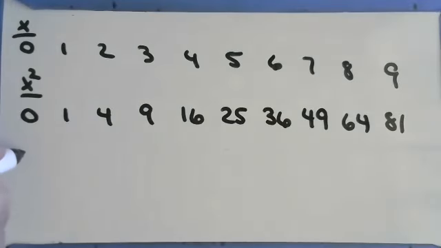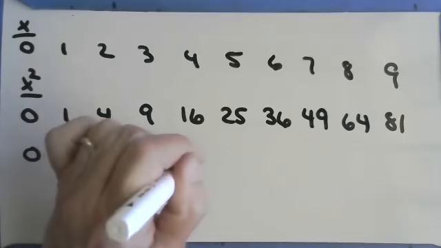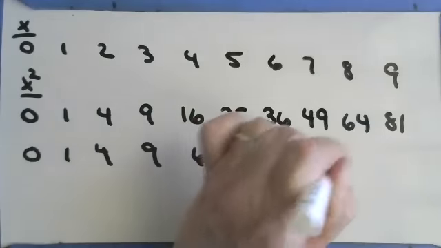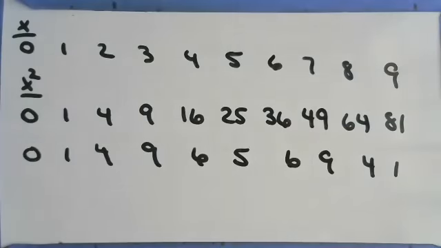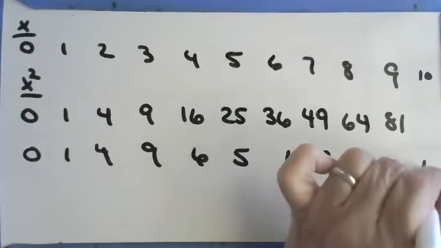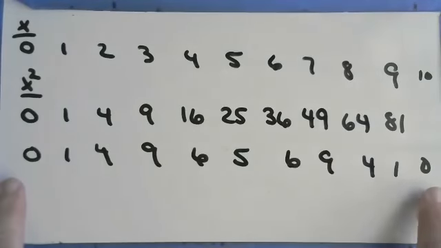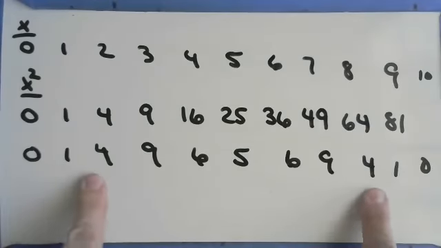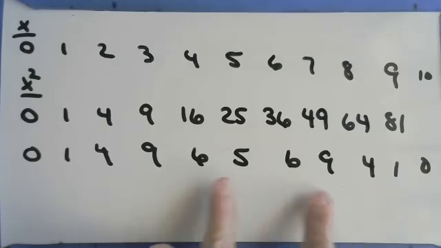And I see that the rightmost digits are 0, 1, 4, 9, 6, 5, 6, 9, 4, 1. Isn't this interesting? And if we thought about 10, then this would be a 0 there. So look, we have 0, 1, 4, 9, 6, 5.